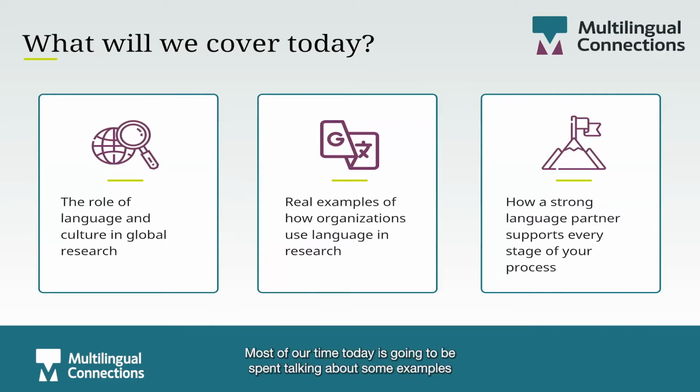Most of our time today is going to be spent talking about some examples of what that looks like, what a language service provider can help you with. And we're also going to talk a lot about what a strong language partner looks like, and what kinds of things you should expect from whether you're working with Multilingual Connections or any other language partner for your research needs.